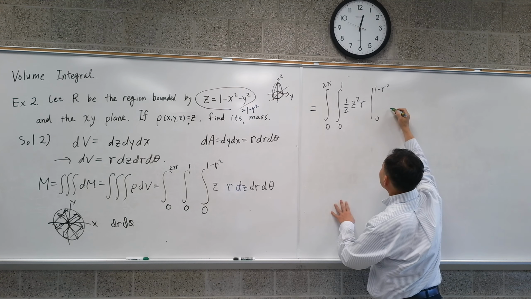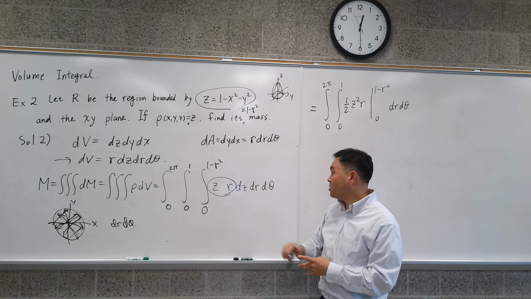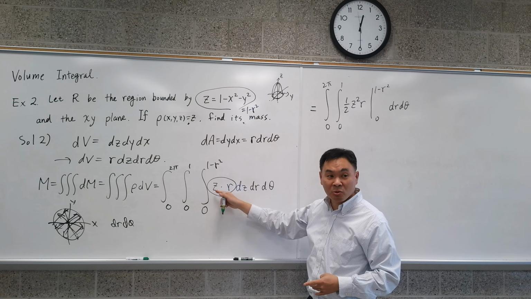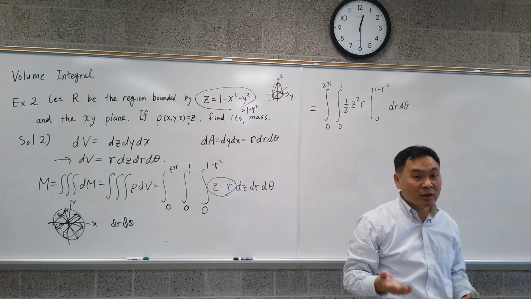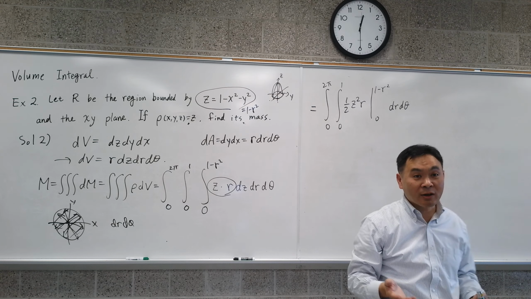So what happened is I integrated this function with respect to z. Since r is just a constant multiple, only z gets integrated, so you get 1/2 z squared r. You see that? And then to that, I'm plugging in these two. So let's pull the 1/2 outside.